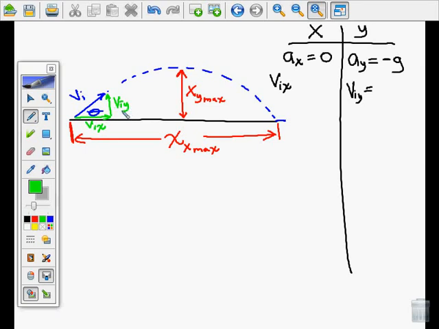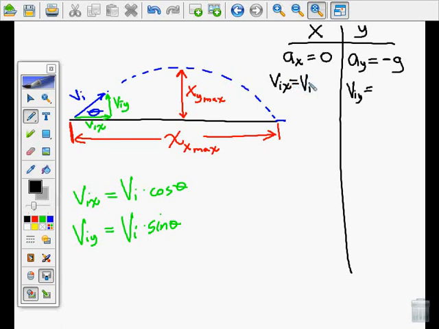And you could either draw a little vector triangle like that and then figure it out using SOHCAHTOA, or you can memorize the fact that Vix is going to equal the whole initial velocity times cosine theta, and Viy is going to equal the whole initial velocity times the sine of theta. So Vix equals the whole initial velocity times cosine theta.